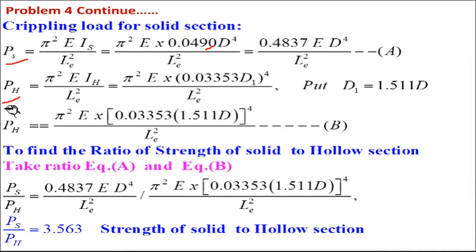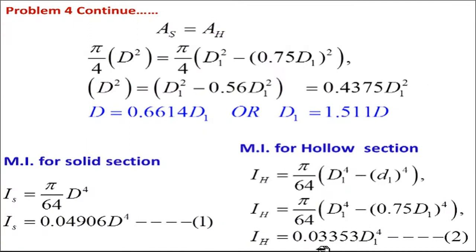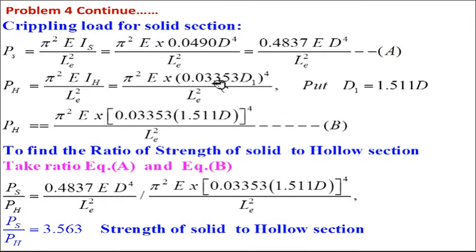Similarly, calculate the strength of the hollow section. Here you keep all the values as it is and take IH, the moment of inertia of the hollow section, 0.03353, by putting that in, and it is raised to 4.